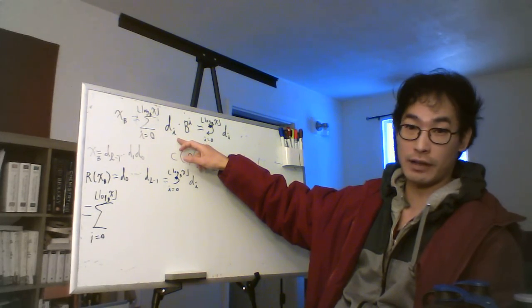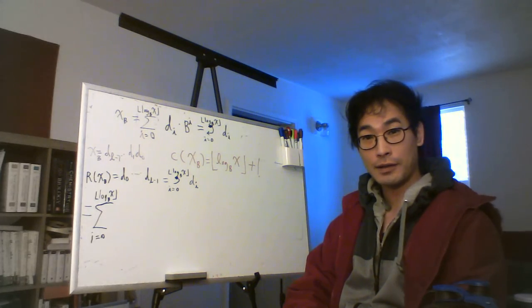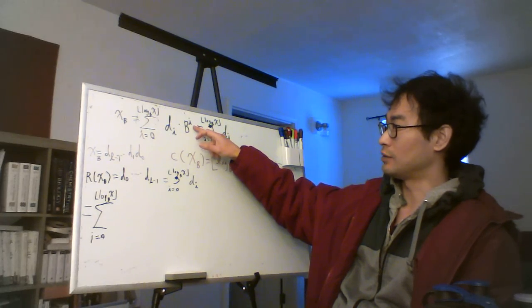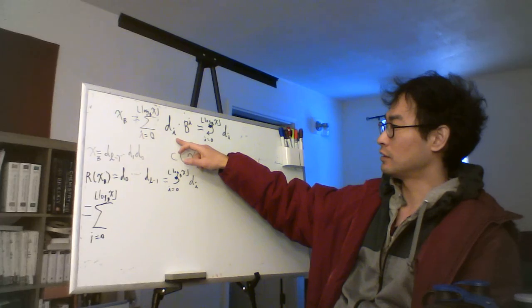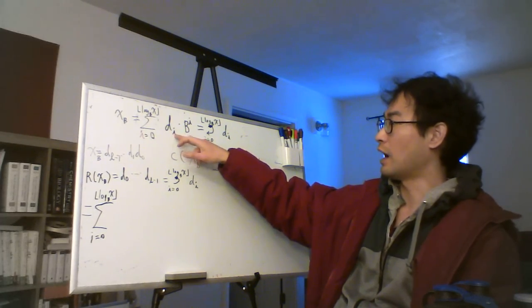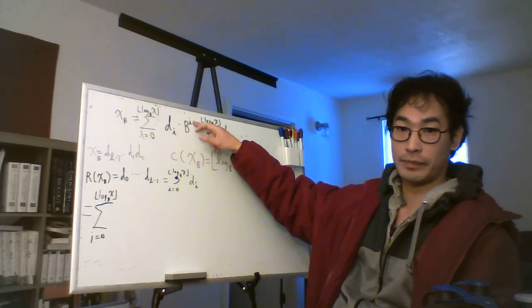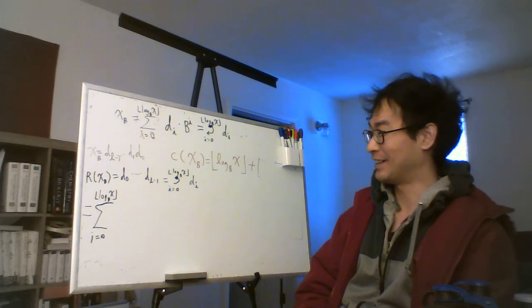Should we change i to something else? We can leave this i, bi, alone and change this, or we can change this and leave this alone. Or we can leave di, the index of d, alone and change this guy. We'll do both ways.